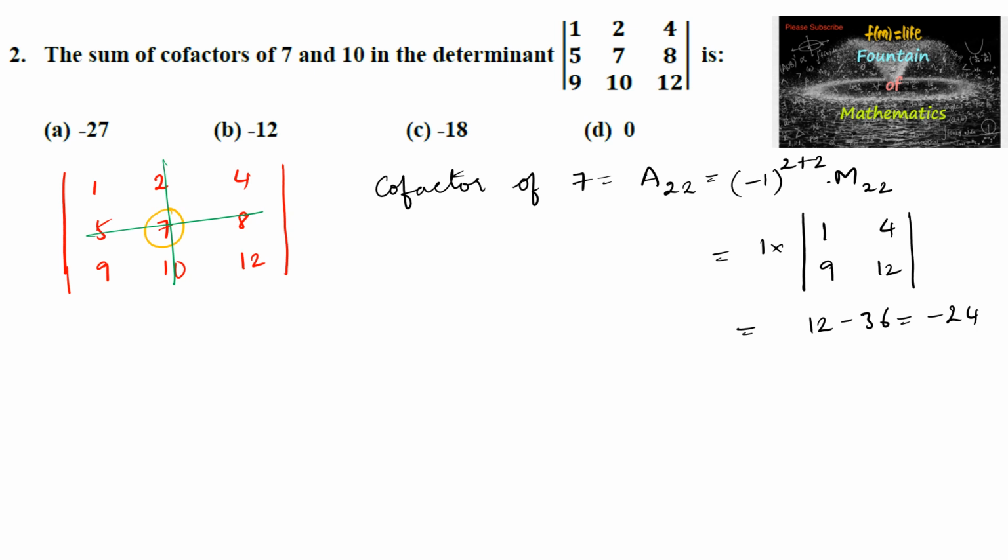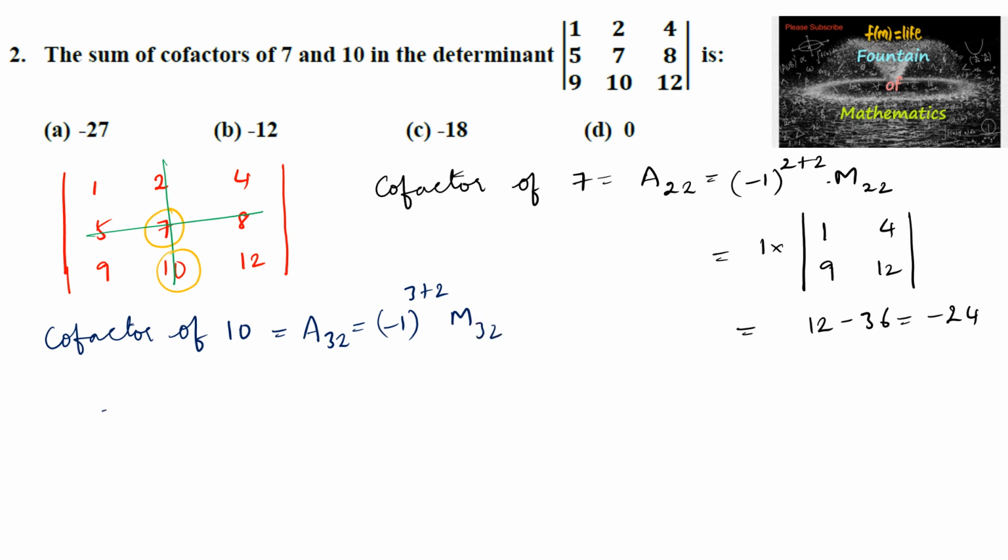Now let us find the cofactor of 10. Cofactor of 10: 10 is the element in the third row, second column, that is a32. So we can write a32, which is minus 1 to the power of 3 plus 2 into minor of the element m32.